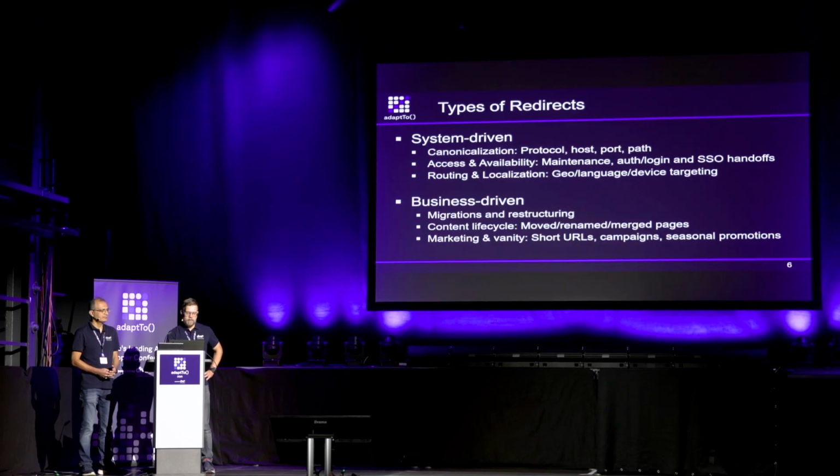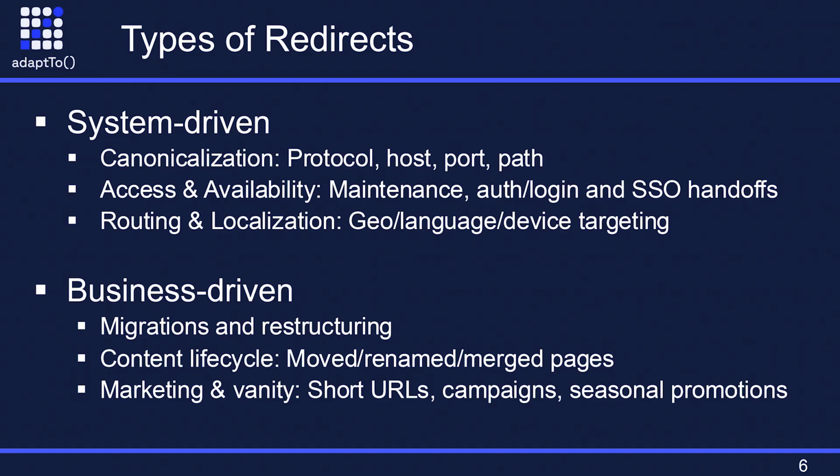Let's look at some of the basics. What types of redirects do we have? Broadly, they can be categorized into two classes. First, the system-driven ones: canonicalization redirects for protocol, host, port, path, extensions, and so on.